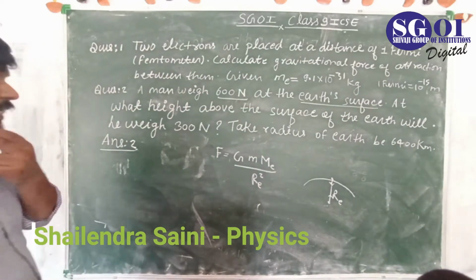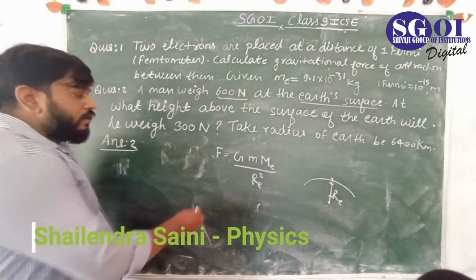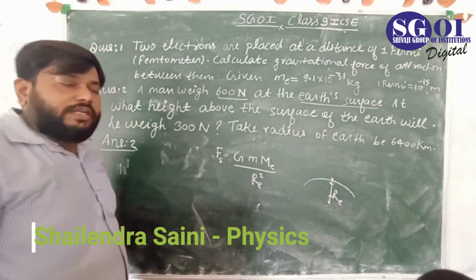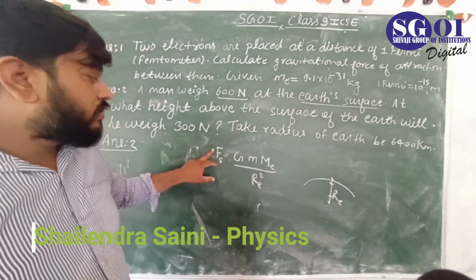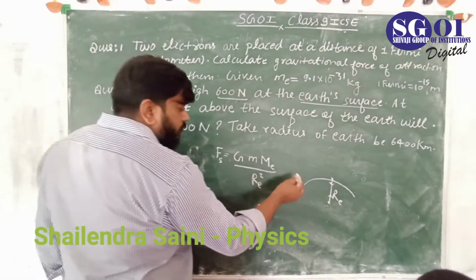So this is F equals G M1 M2 upon R square. This is on the surface of the Earth, so I have denoted it as Fs, the force, or weight you can say, on the surface of the Earth. This is equation number first.